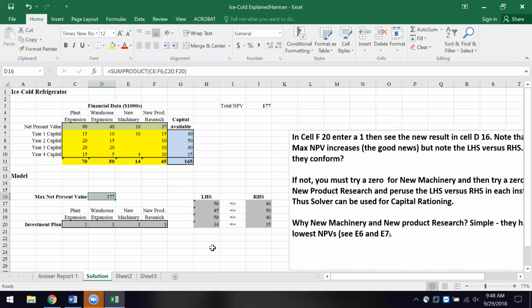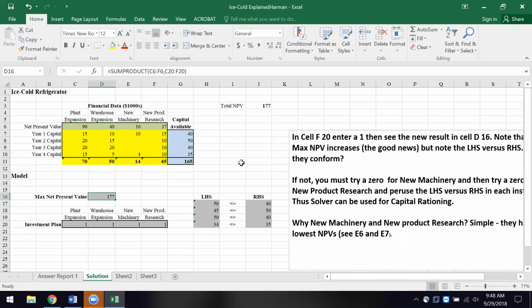All right. Now, this is very realistic, because what typically will happen is you'll start to do some capital budgeting and capital rationing, and try to figure out, all right, what have we got now? I have some alternatives. I could try to get some additional capital, but for all intents and purposes, I'm spending $165,000.